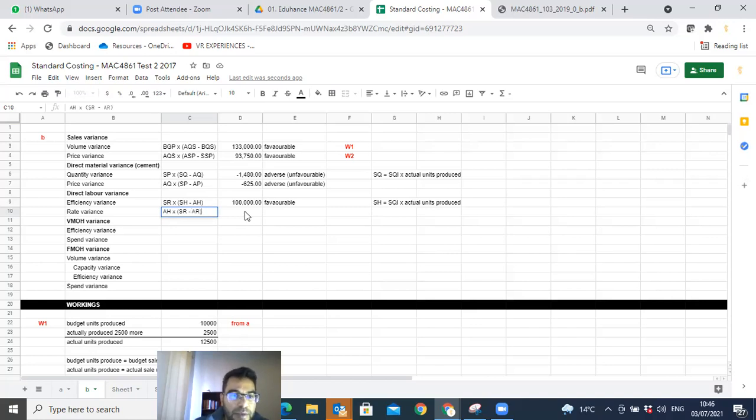Okay, so remember, actual hours was 20,000; budget and actual happened to be the same. So actual hours is 20,000 multiplied by the standard rate of 20 Rand. We need to get the actual rate, so we can work out the actual rate.